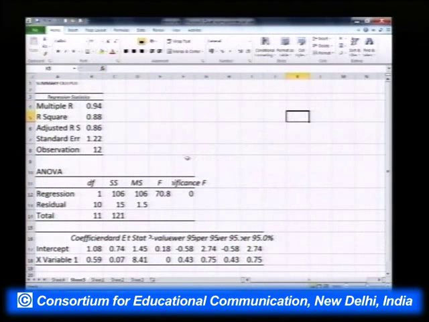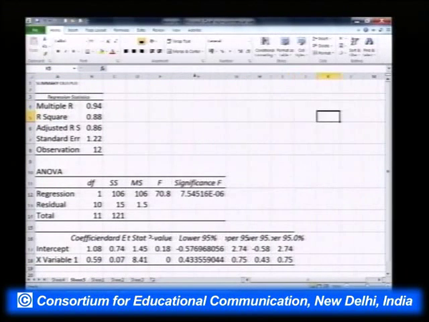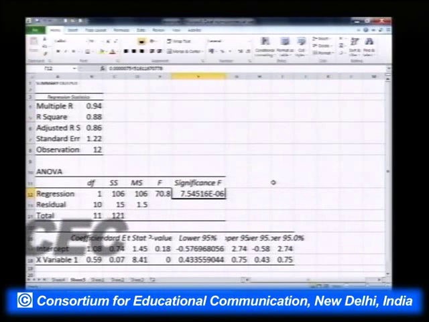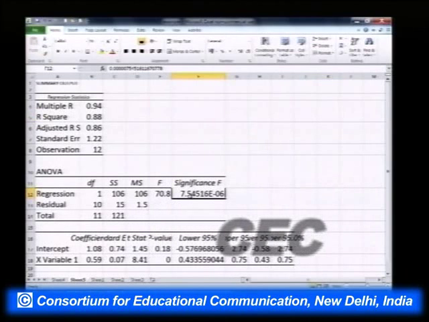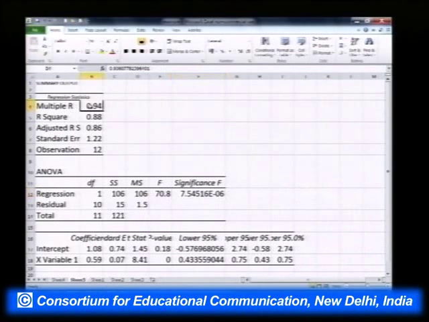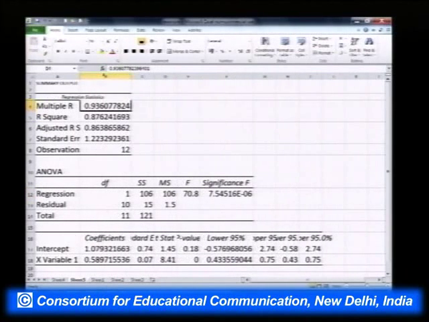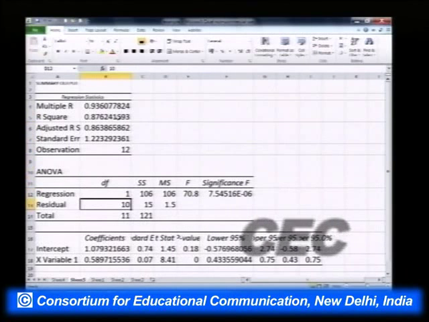So this is the F statistic. We see that the model is significant. The F value comes out to be 0.000 something. So the model is considered significant. R is 0.94, which is exactly equal to what we concluded earlier, 0.936 to be precise. R square value is also the same. So this is how we conduct the regression.